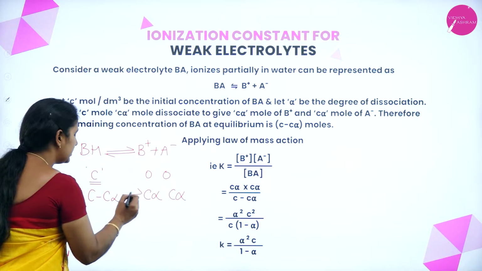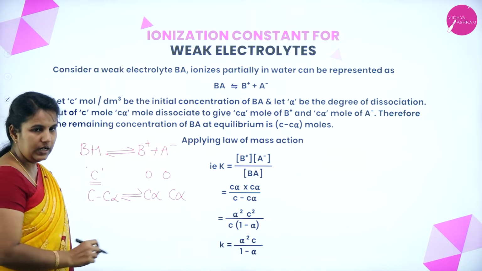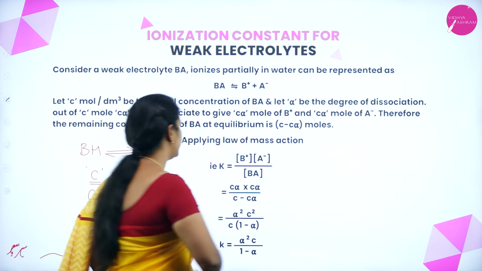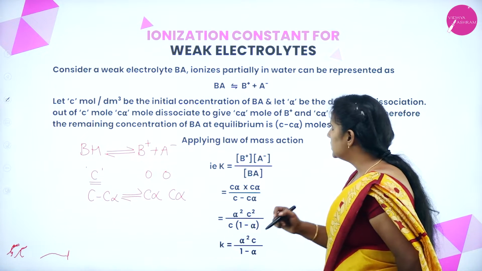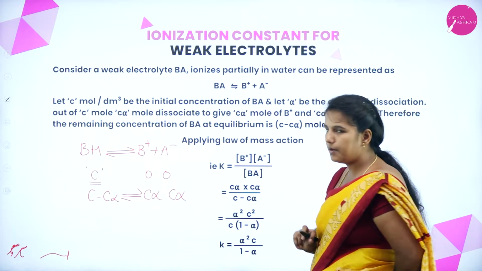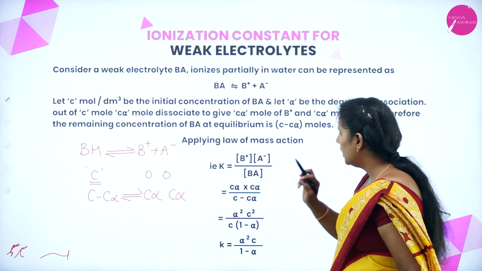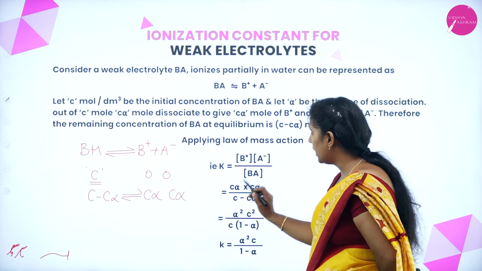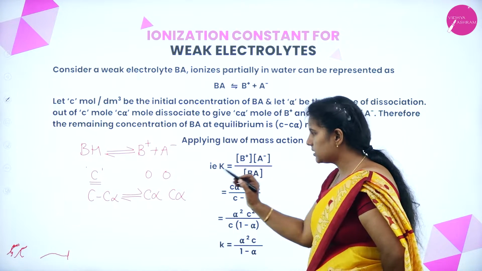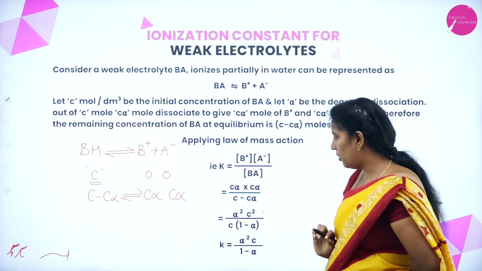After obtaining this equation, now I'll apply the law of mass action. So, K is equal to the molar concentration of the products divided by the molar concentration of the reactant. We know that B plus is C alpha and A minus is C alpha, divided by BA, which is C minus C alpha.